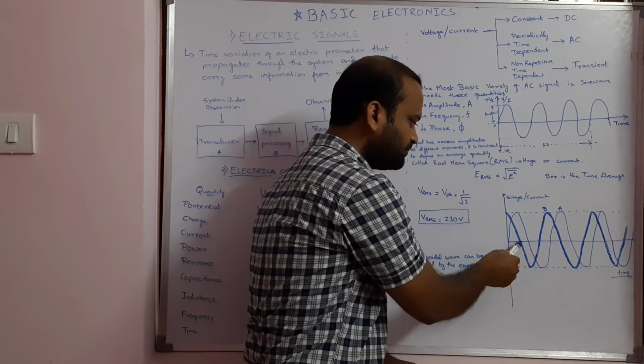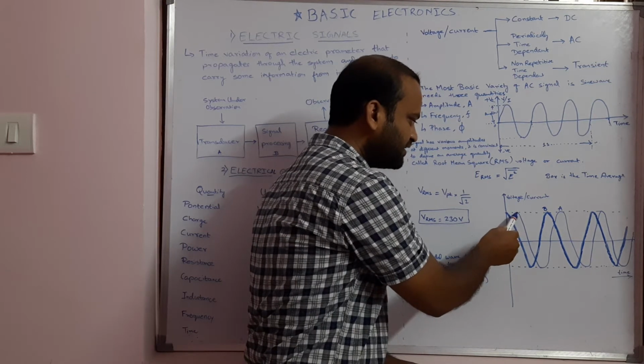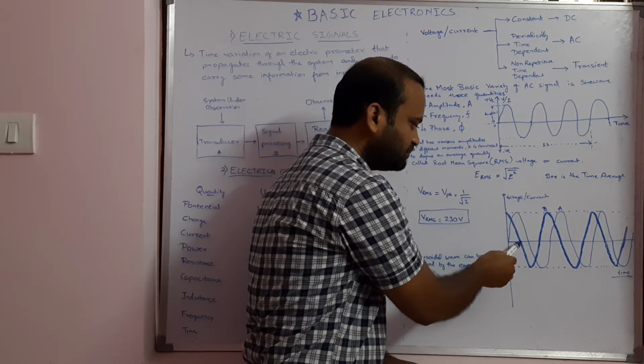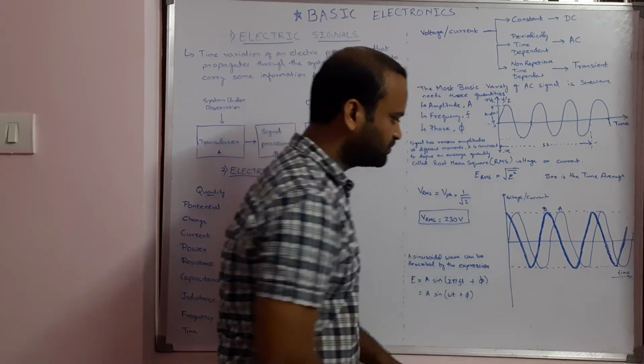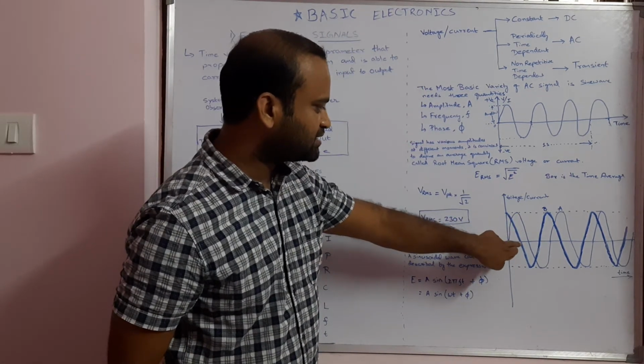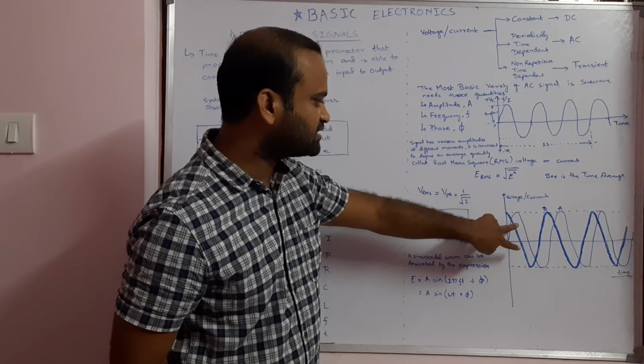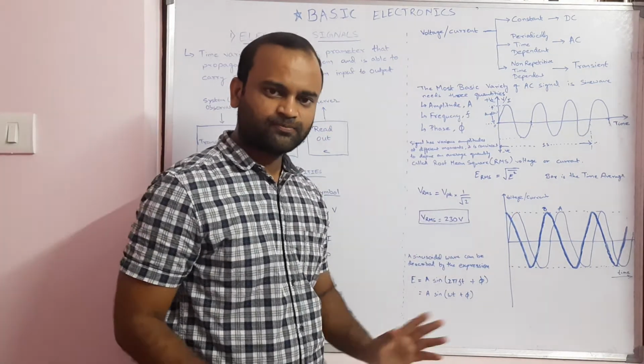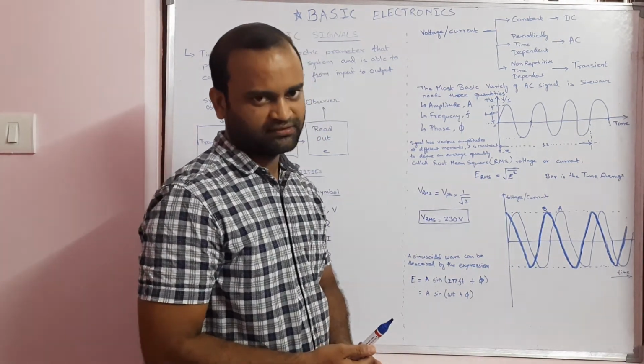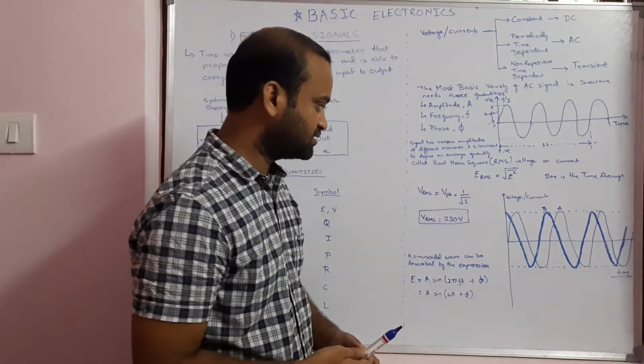At this point of time, signal A is having the maximum amplitude, but signal B is having 0 amplitude. So at the same time instance, both the signals are having different amplitude voltage levels or current levels.